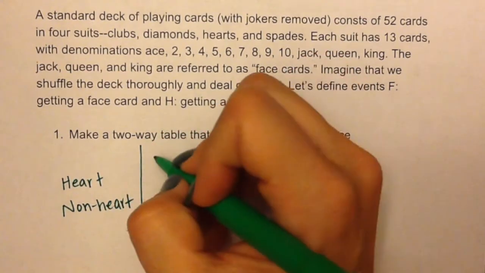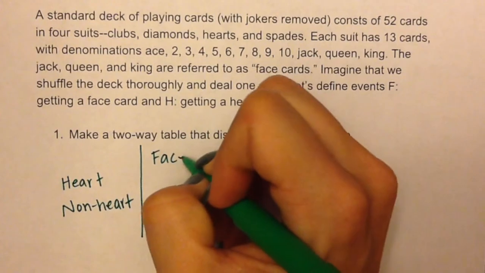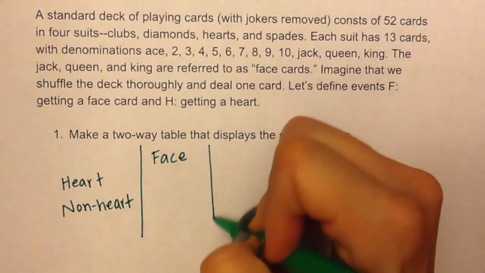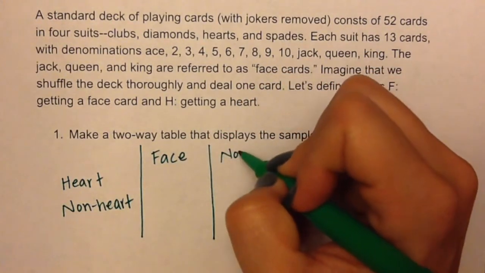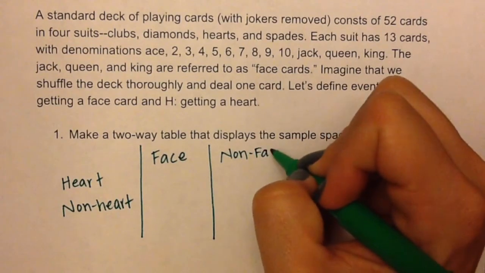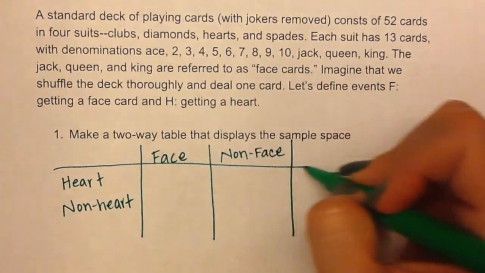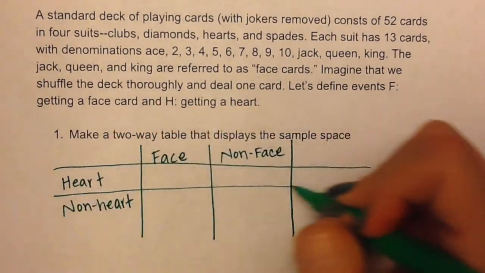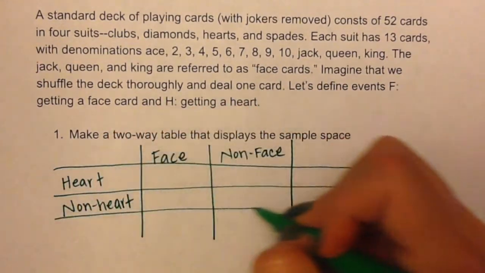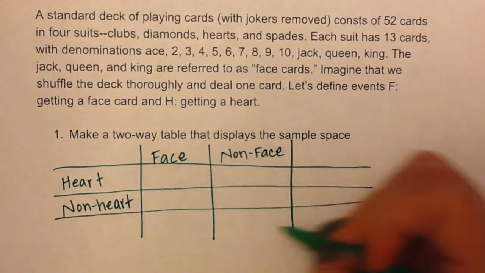Then I would have a face card and a non-face card. Then remember we have our marginal distributions here where our totals will go.